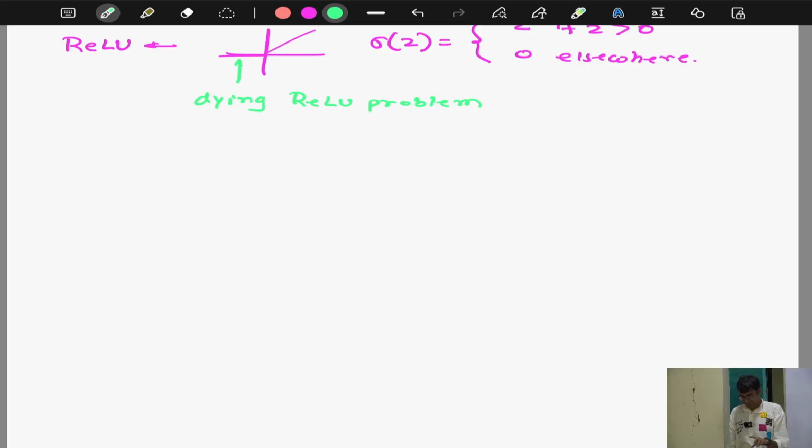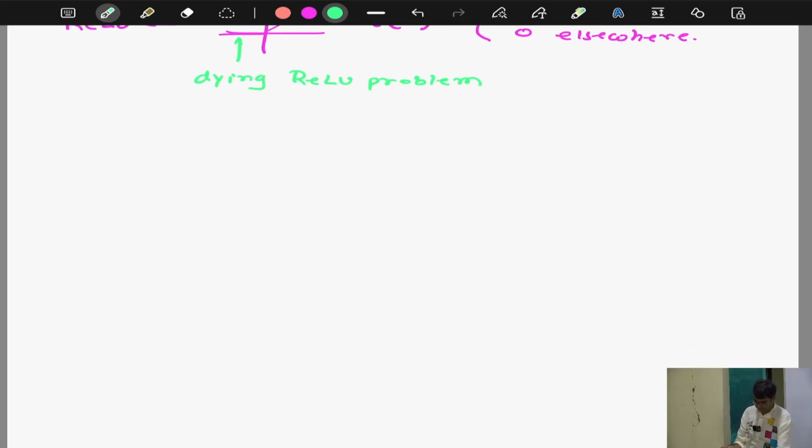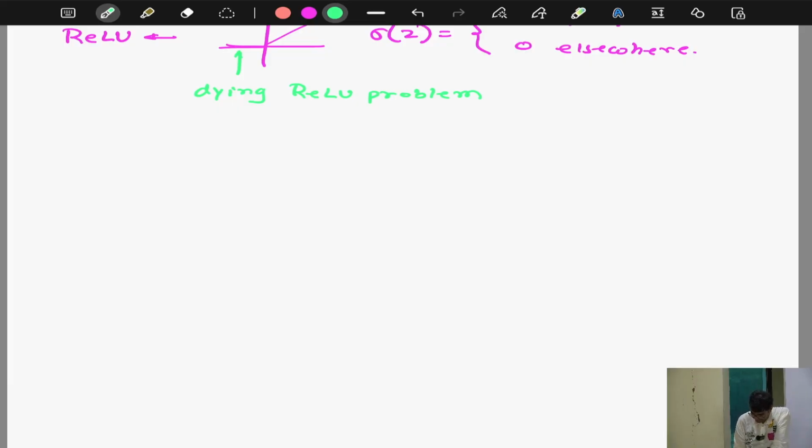So I will just specify that apart from ReLU, to address this dying ReLU problem, there is leaky ReLU, there is ELU, there is GELU, and now there is also Mish and many others. As I said, there are 180, right? But the leaky ReLU at least I should mention.